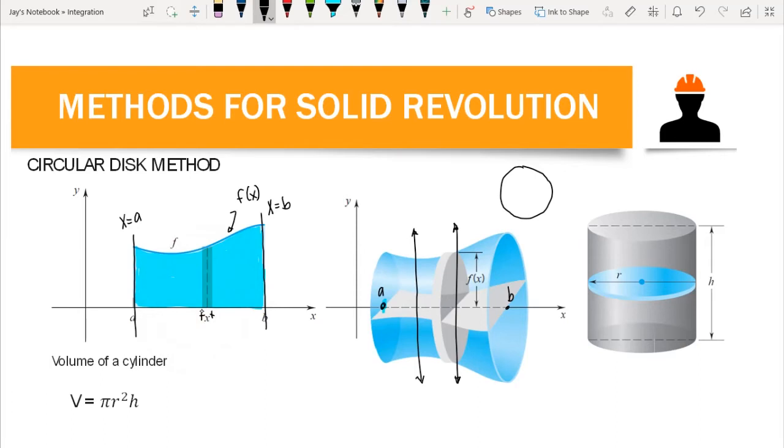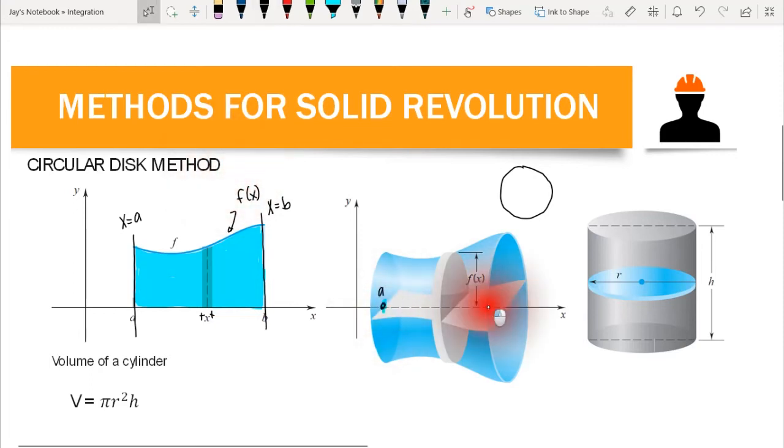The same as with this one, we can divide our figure into very, or infinitely, small disks. Now, we have different methods in computing the volume, and the easiest method is the circular disk method, in which we divide the solid figure here into infinitely small disks. So what is a disk?